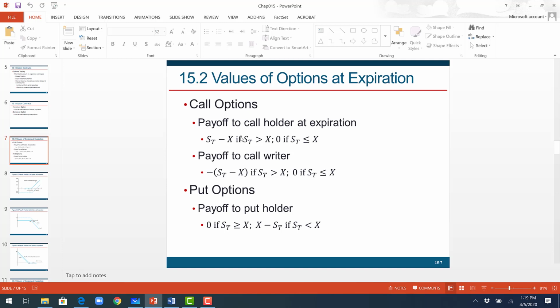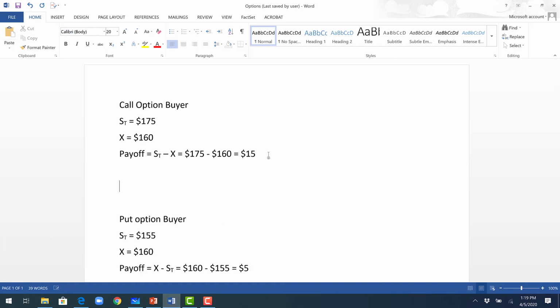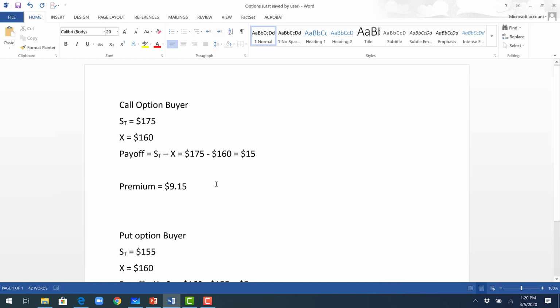Okay, so if you want to look at this complete example, in this case our premium was $9.15, right? So premium was $9.15. This is again the same example that we worked on before.